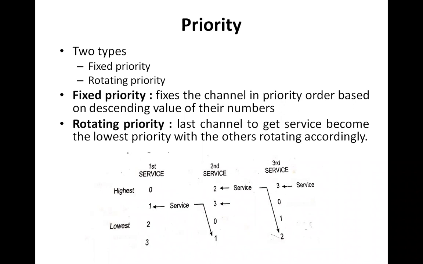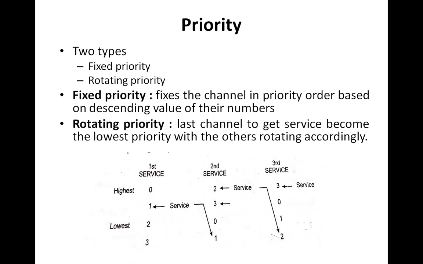If the priority is set on the basis of descending order, meaning channel 3 has the highest priority and channel 2 has a priority less than channel 3, and the two devices connected with channel 3 and channel 2 make a request simultaneously, then the device which requested through channel 3 will be taken first, because channel 3 has higher priority than channel 2.